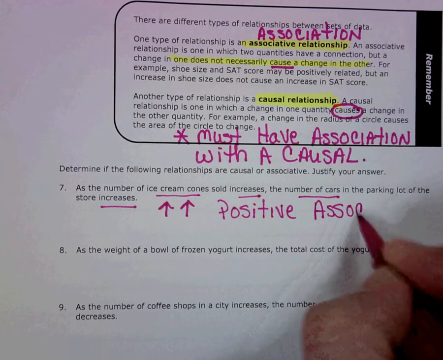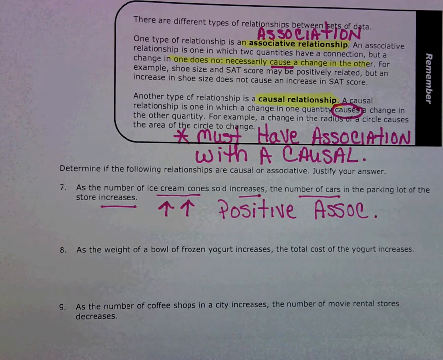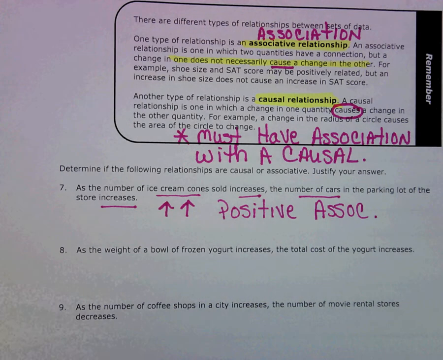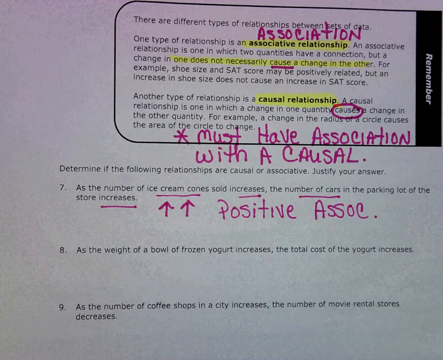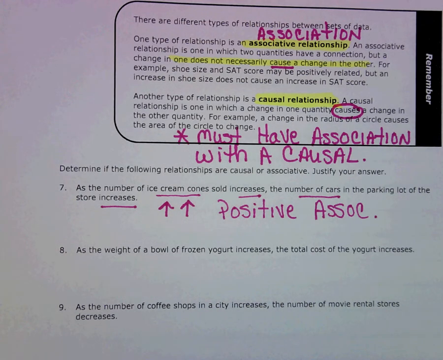But let's ask ourselves, does the number of cars in the parking lot cause us to sell more ice cream? And that would be absolutely not. Number of cars does not cause us to sell more ice cream. Sure, there would be people there, but that is not the cause of selling it.